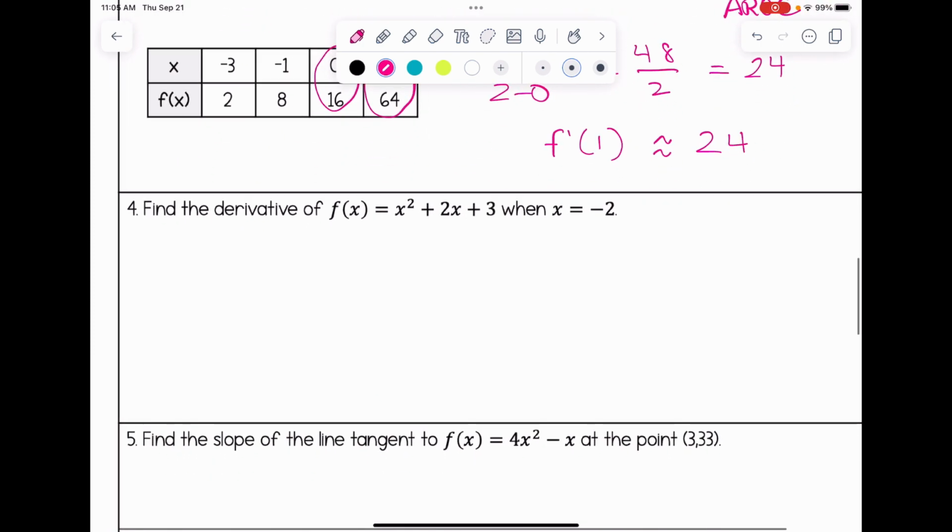Number 4, find the derivative of f of x equals x squared plus 2x plus 3 when x equals negative 2. Okay, so we're going to use our limit definition of the derivative in order to calculate this. What I'm going to choose to do first is just find f of x plus h, and then I'll substitute that into that limit formula.